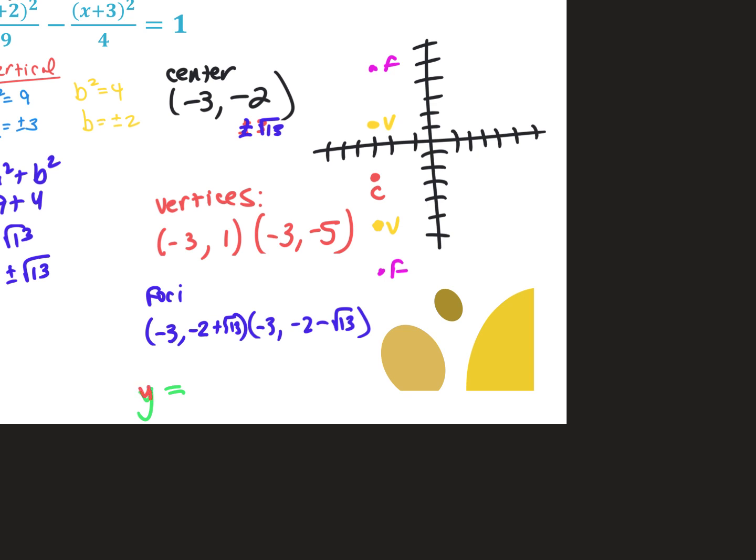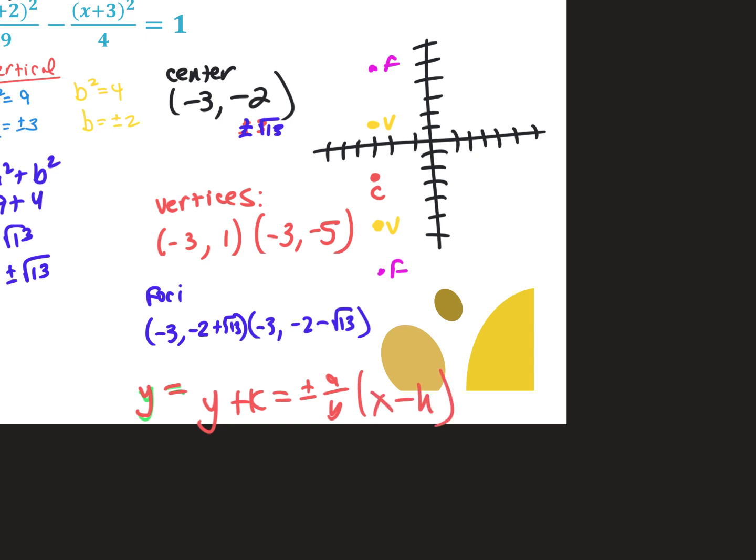Look back on the slide before. What's the equation of your asymptotes when it's not at the center? Okay, so y plus k equals plus minus what? A over b or b over a? A over b, okay. And then x minus h.